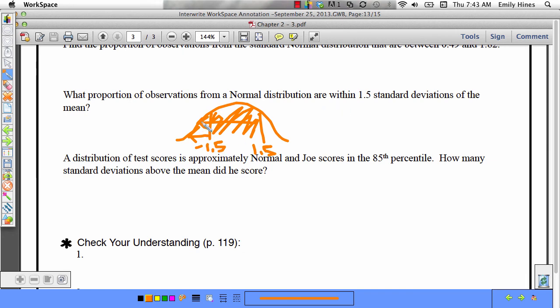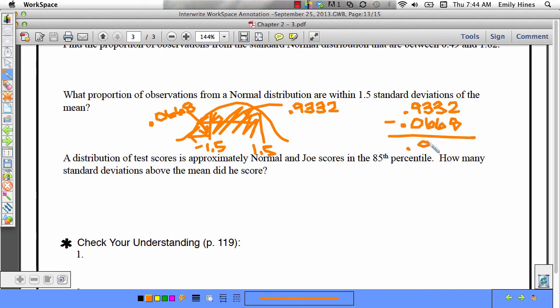I use table A to find the areas, and I find that this area right here is 0.0668, and this big area from 1.5 down is 0.9332. I subtract those, and I get 0.8664.